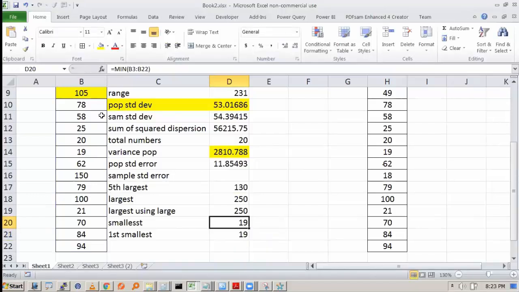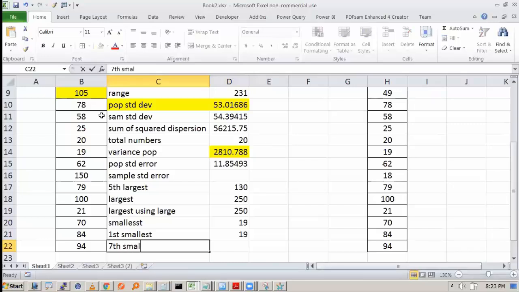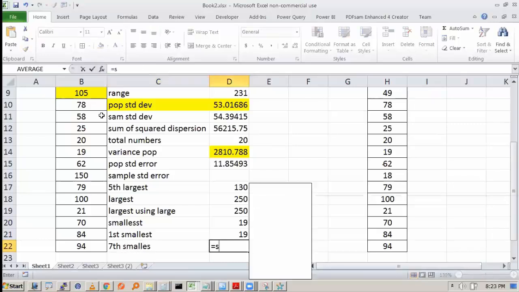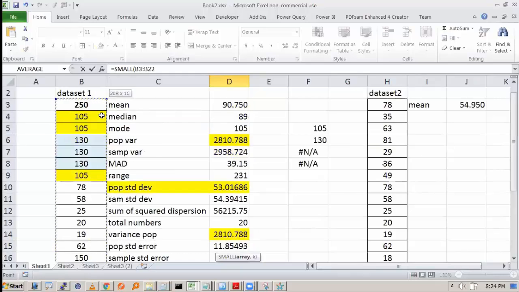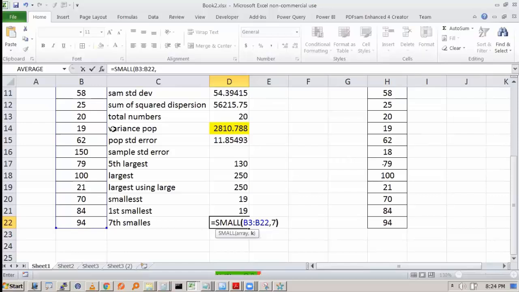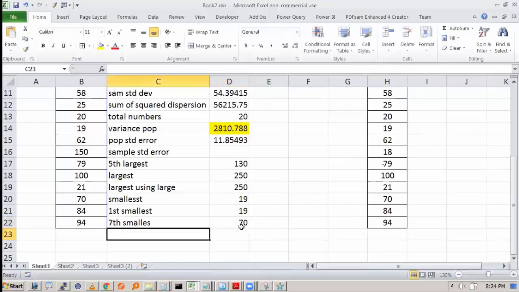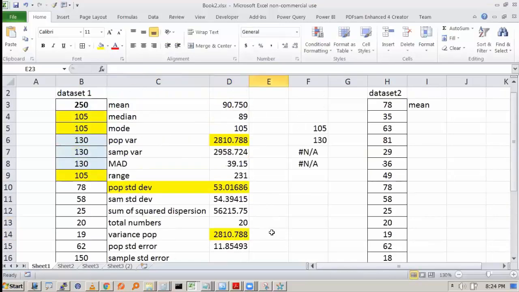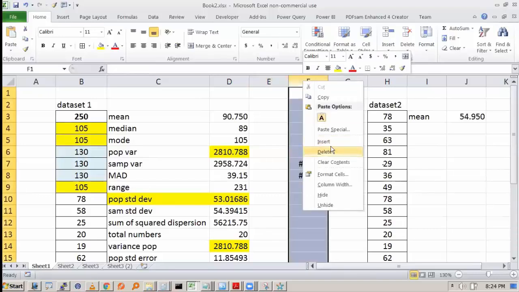First smallest will be the same, 19. But if you are interested in, let's say, the 7th smallest, you will say small, this is your array, and you say 7 because we are interested in the 7th smallest. So the 7th smallest comes as 70. This way you can get the data analysis done simply using Excel.